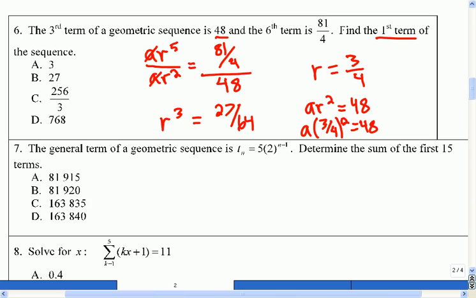So I divide 48 by 3/4 squared, and I end up with 256 over 3, which is C.